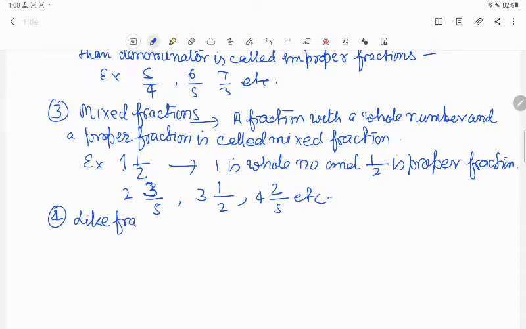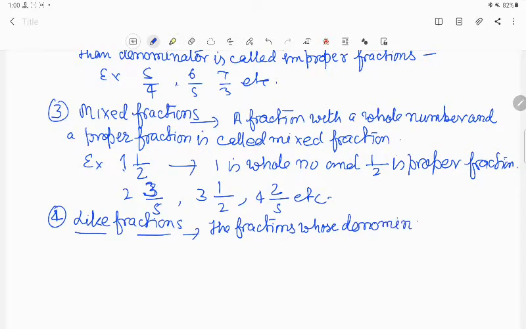Like fractions: the fractions whose denominators are same are called like fractions.